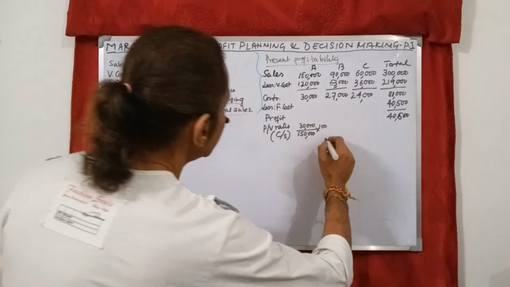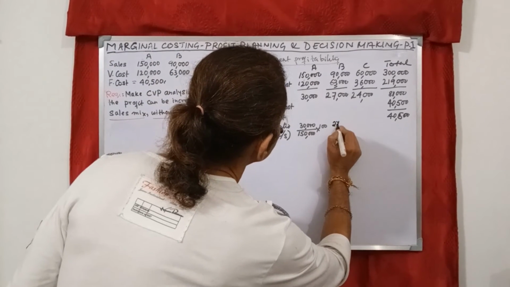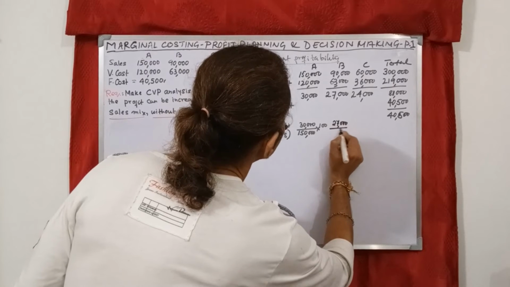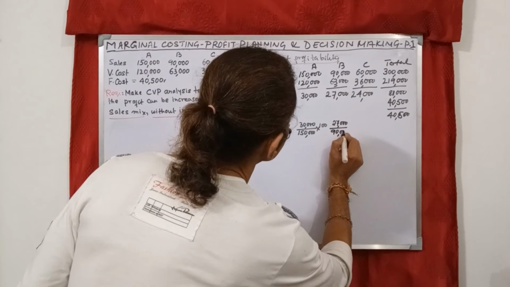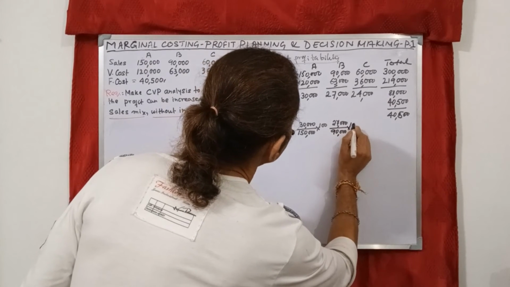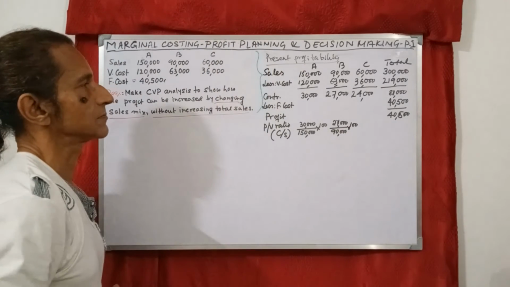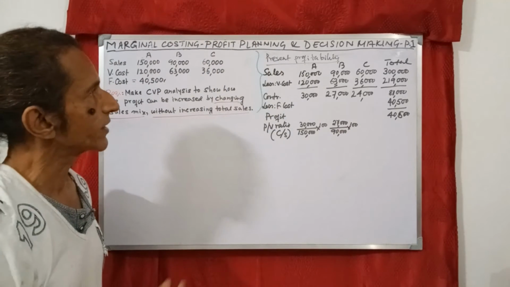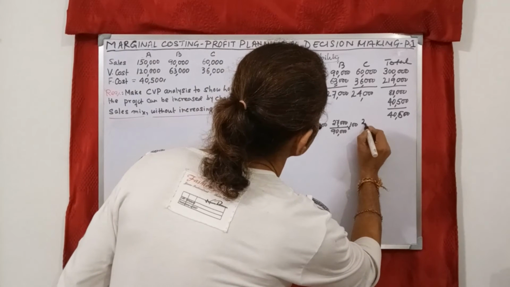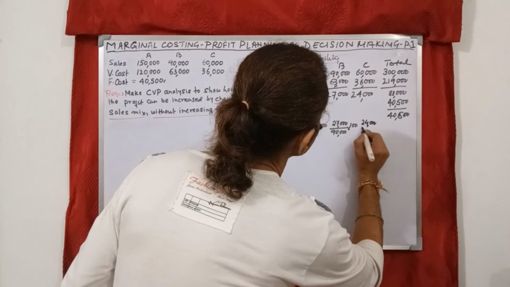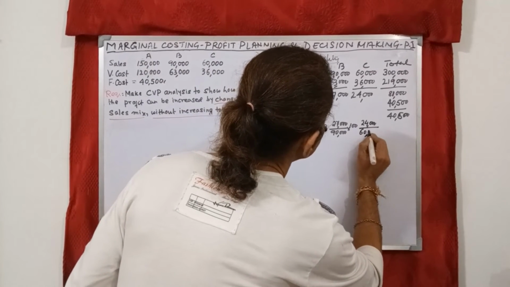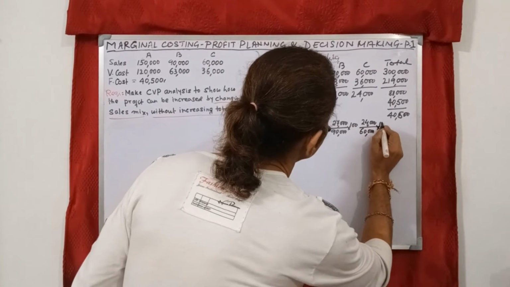For product B it is 27,000 divided by 90,000 into 100, and for product C it is 24,000 divided by 60,000 into 100.